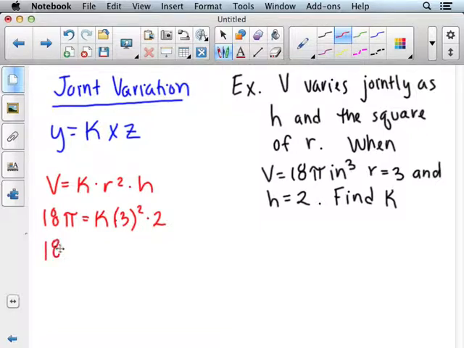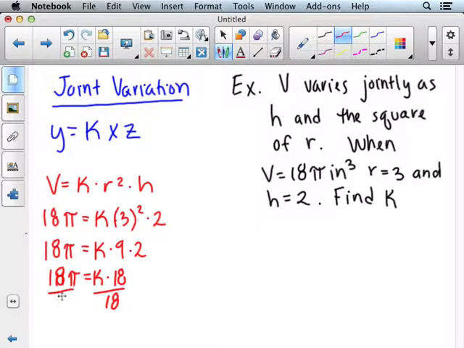So we get 18π equals k times 9 times 2. So 18π equals k times 18, divide by 18, divide by 18, and we get that k equals π.